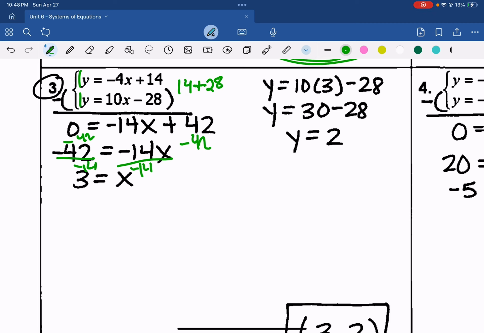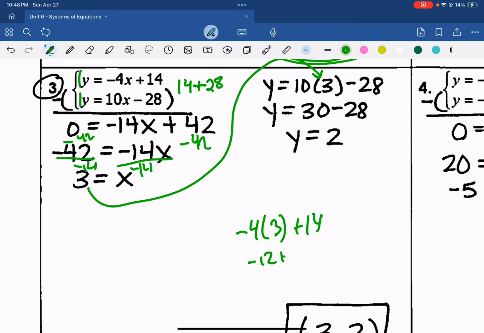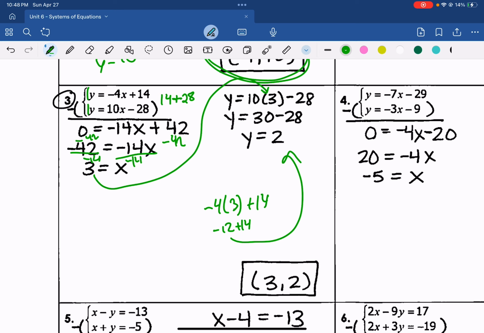So make sure that you're showing your work and being thorough as you're solving your equations. Don't just skip around. Don't just set it up and call it good. Do all the parts. When I plug in my 3 right there, I get 30 minus 28, which is 2. If you'd plugged in the other one, you get -4 times 3 plus 14, which is -12 plus 14, which still gives you that 2. So your answer is (3, 2) for number 3.